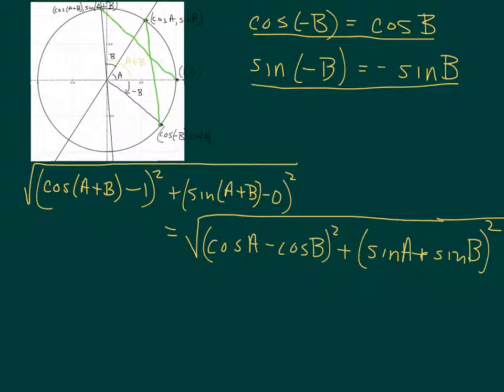So that would be the distance formula that would give us the length of this chord, the chord that connects the point cosine A, sine A to the point cosine B, negative sine B.